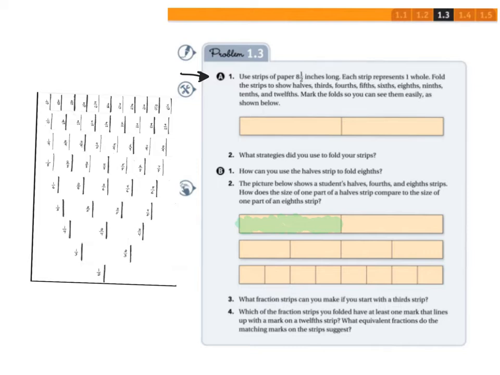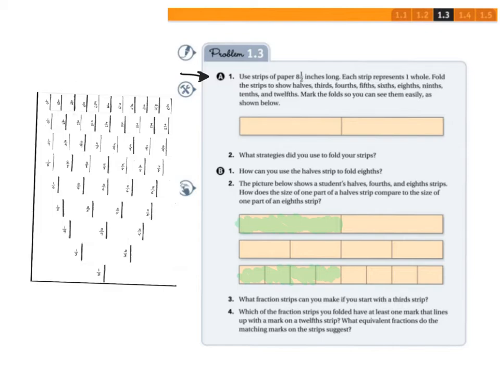If we go down and look at the eighth strip, the half strip would equal 4/8. 1, 2, 3, 4 out of 8. So you're just getting some visual looks here. Number 3, what fraction strips can you make if you start with a third strip?